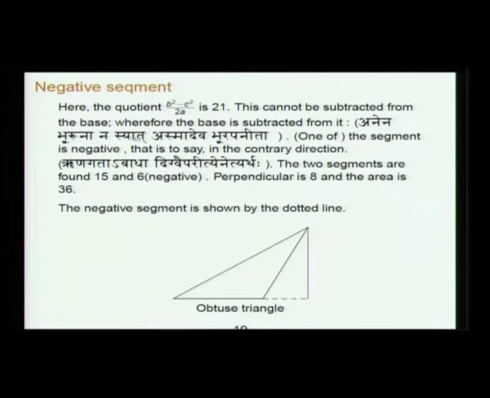So he says that one of the segments is negative, that is to say in the contrary direction. The two segments are found to be 15 and 6, and the perpendicular is 8, and the area is so.